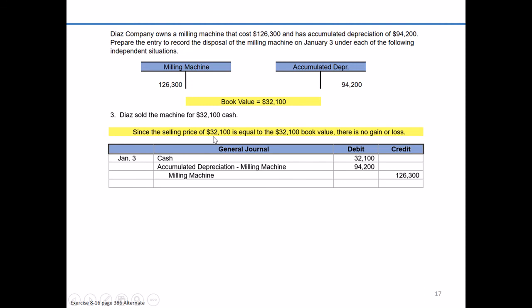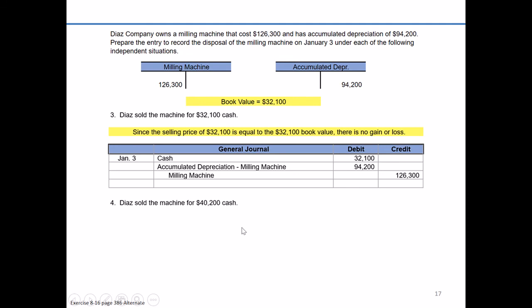Let's again do the comparison between what we received, $32,100 in cash, minus what we're giving up, $32,100 in book value, which means there is no gain or loss. And if we looked at this and added our total debits of $32,100 and $94,200, that exactly equals our credit to the milling machine for $126,300. That means we have a balanced entry.